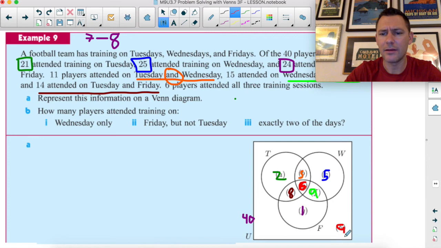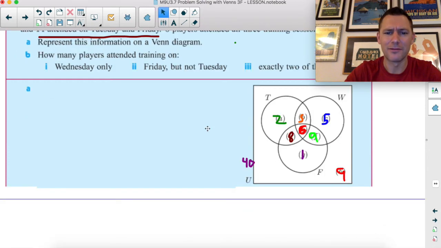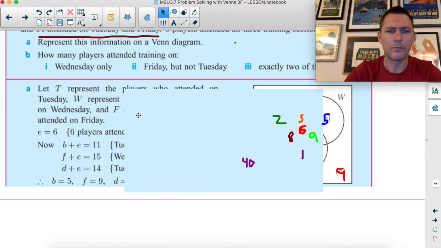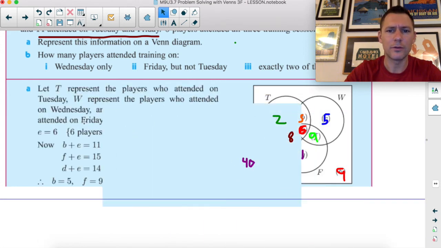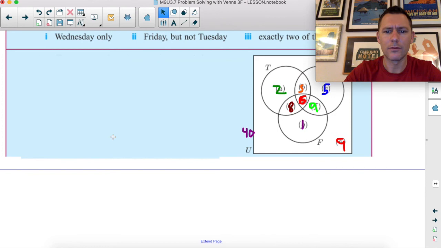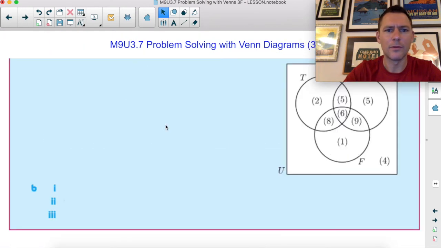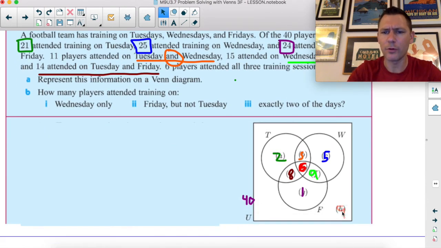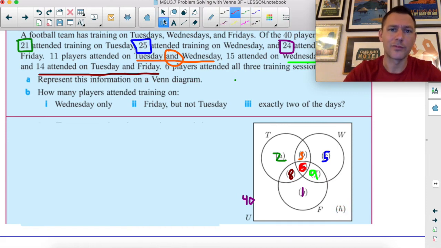Is that 9? Let me see if maybe I added wrong. Yeah, I think that's what we got. Oh, 4. How did I miss 4? I added wrong. Sorry.